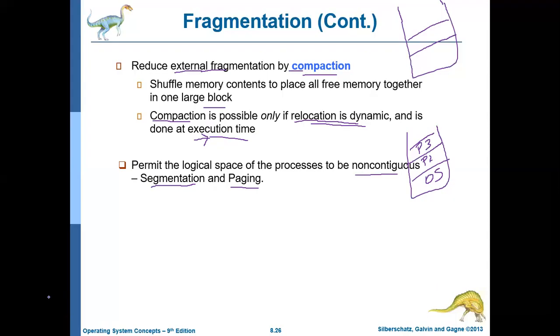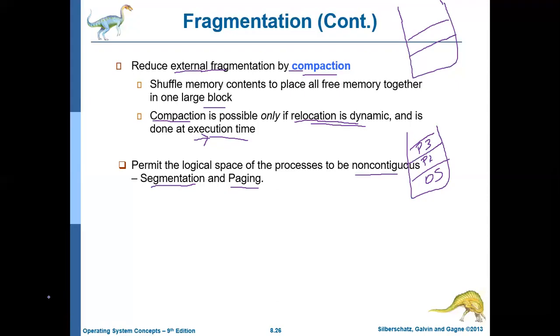External fragmentation means there will be sufficient holes for the new process, if the holes were combined together, then the new process could be accommodated in that space.